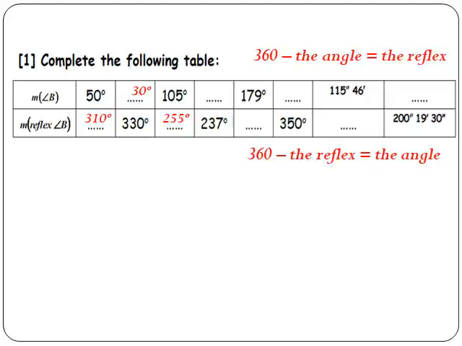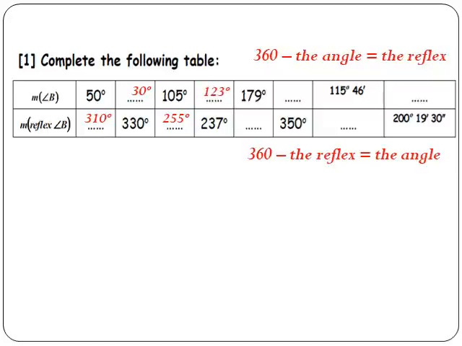Measure of angle B over reflex of angle B. If the measure of reflex angle B is equal to 237, what about the measure of angle B? Every time if you see reflex, I do 360 minus. So 360 minus 237 is equal to 123. That's correct.